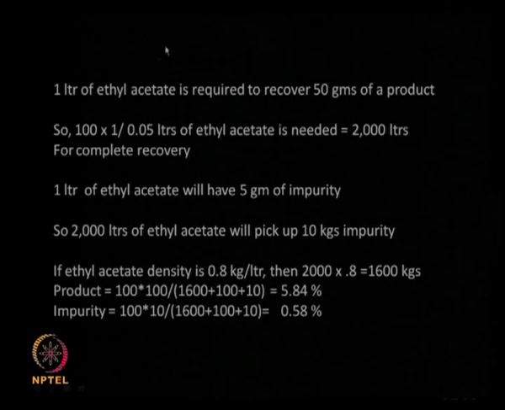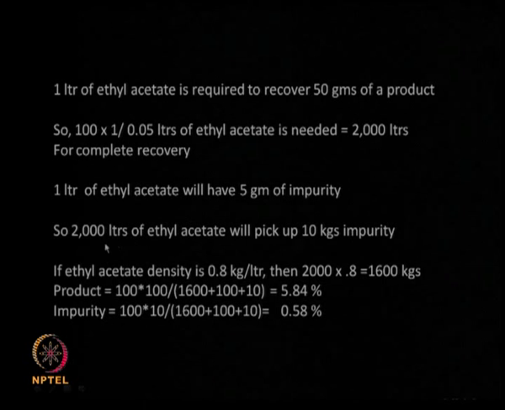Generally if your contact time is very little, all the solute or product is not extracted. But this is a theoretical ideal situation. So you need 2000 liters of ethyl acetate to recover all the 100 kg of the product.